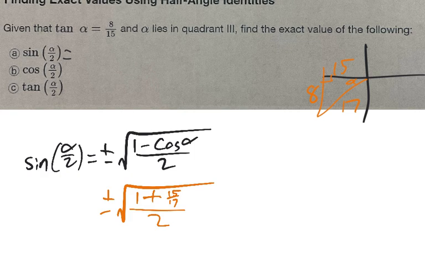So no matter what, halving this angle puts me in quadrant 2. Which means, if I'm in quadrant 2, all students take calculus, the sign I need to choose is the positive one. Because sine is positive in the second quadrant.